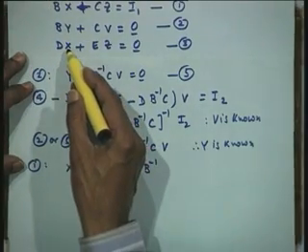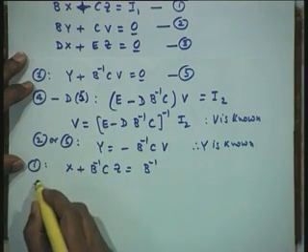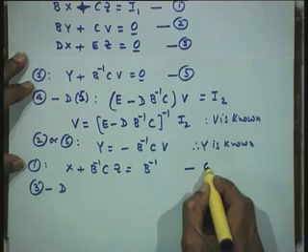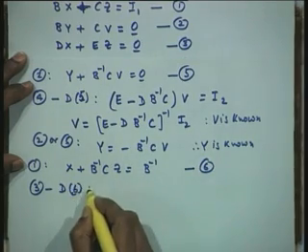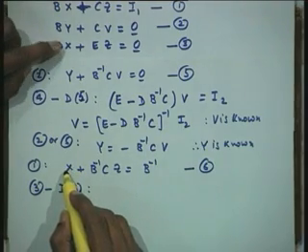Now I want to throw away x from here, so I multiply this by d and subtract from there: 3 minus d into equation 1, let us number it as 6.